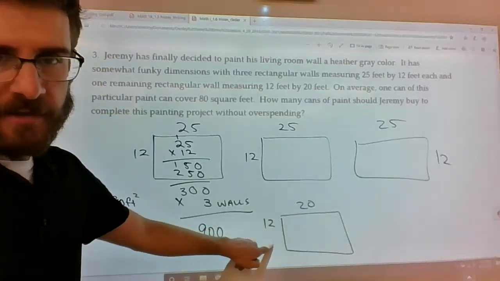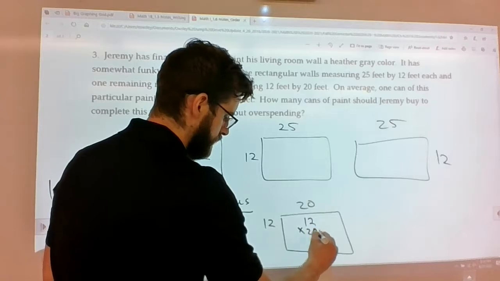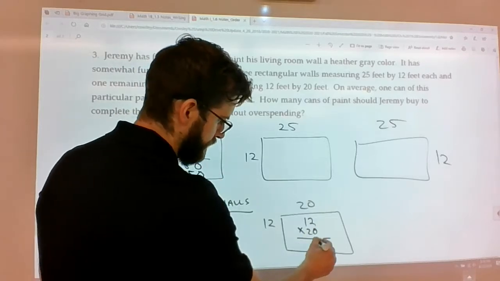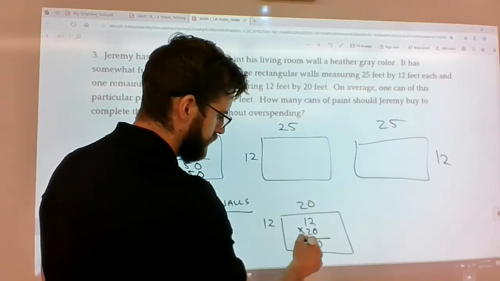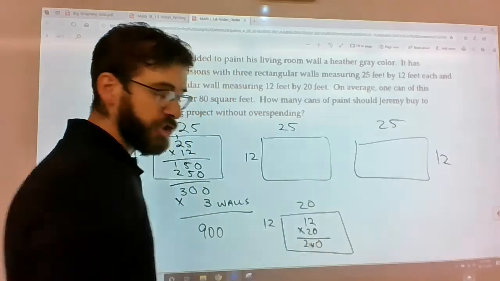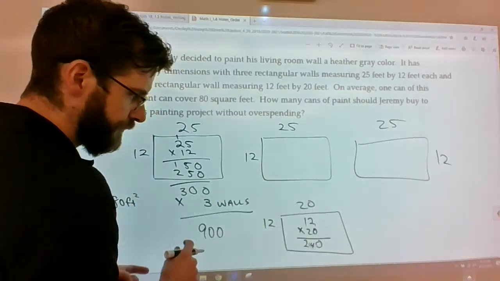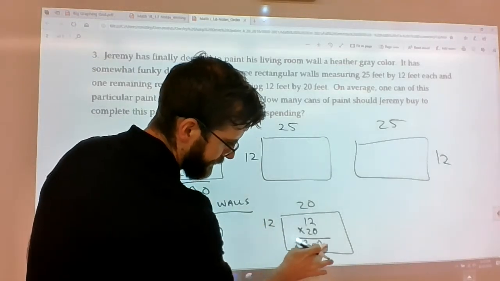Now this one needs to be added onto it. 12 times 20 is 240 square feet.